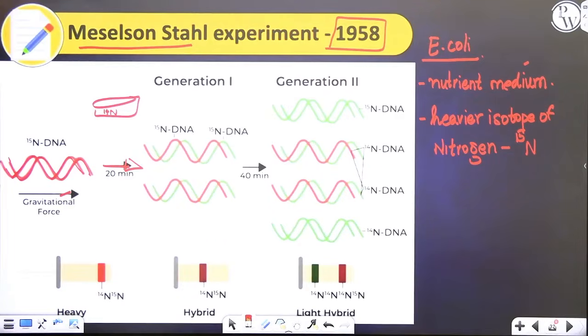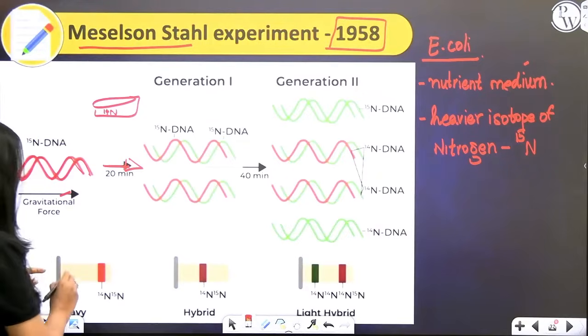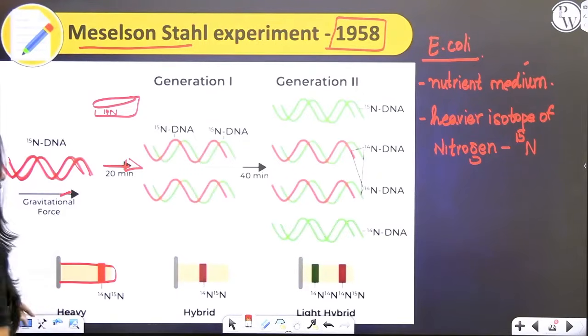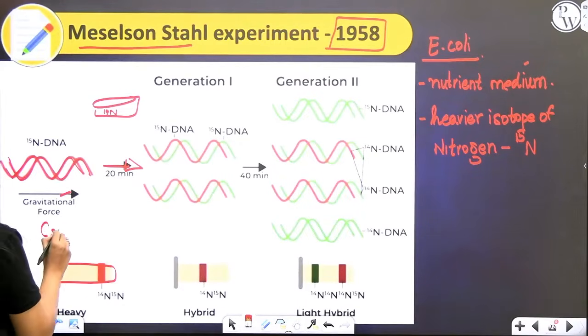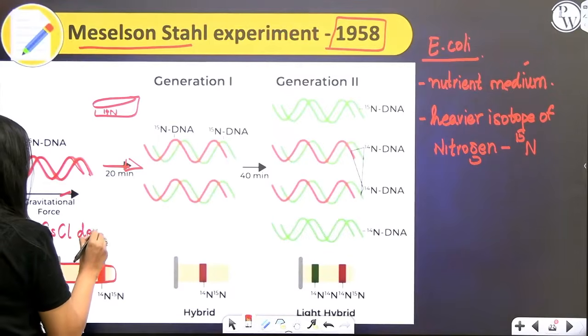The bacteria, they extracted some bacteria and they spun it in a density gradient centrifugation. It's called cesium chloride density gradient centrifugation.